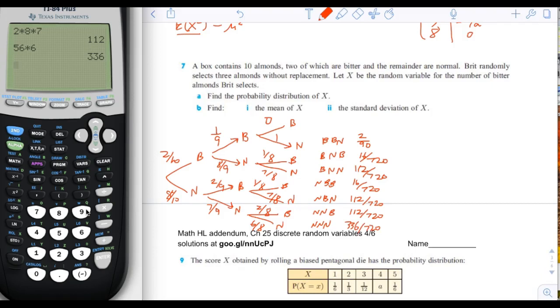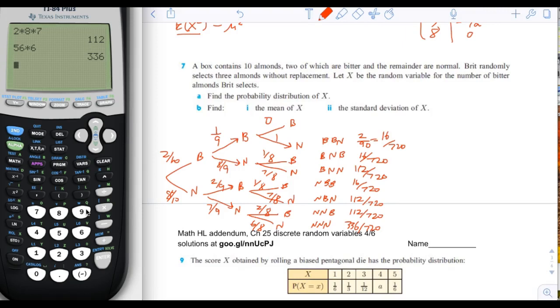And that's divided by 720. And the first one, which is 2 divided by 90, if I wanted to change that to a denominator of 720 to make it a common denominator, I would just multiply the top by 8, so it'd be 16 also.